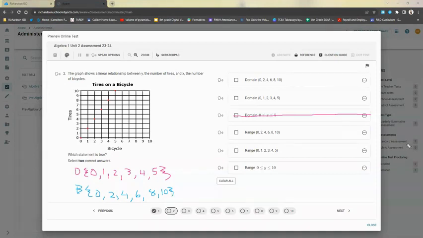Okay, so now that I have my domain and range, I know that my domain is not going to be this one because it doesn't include 1. So I can cross this one out.